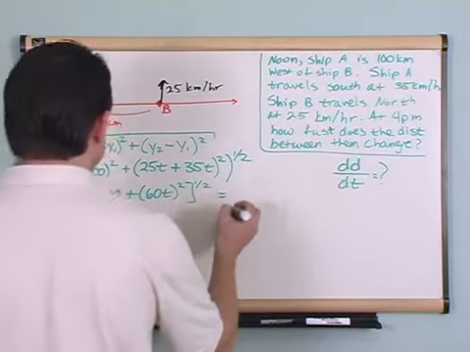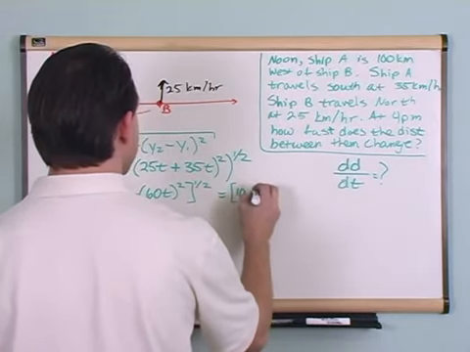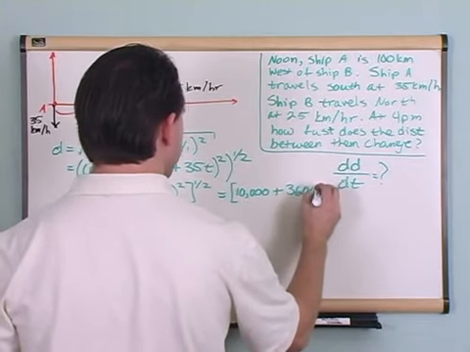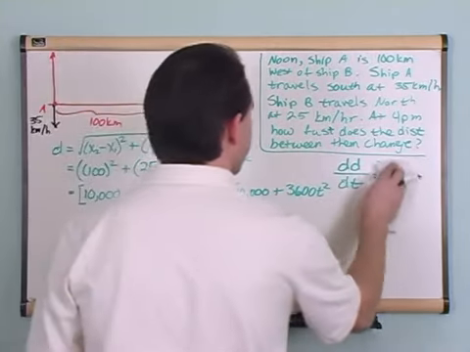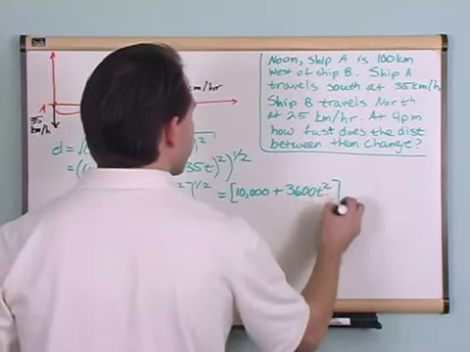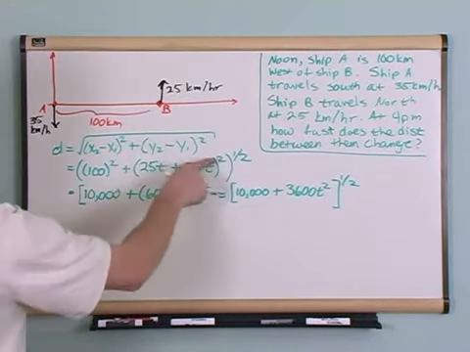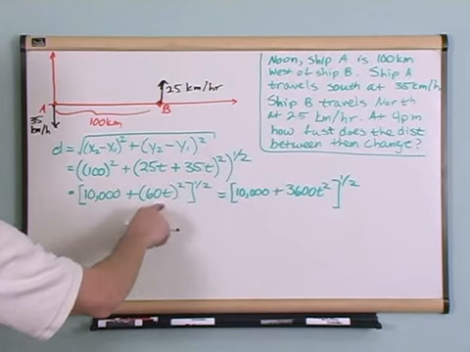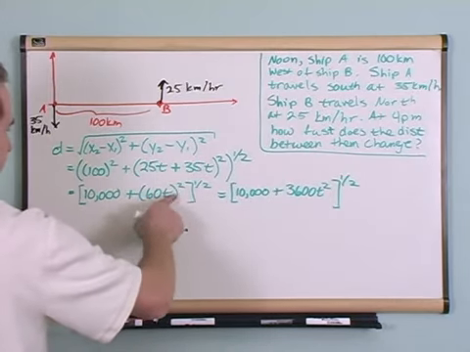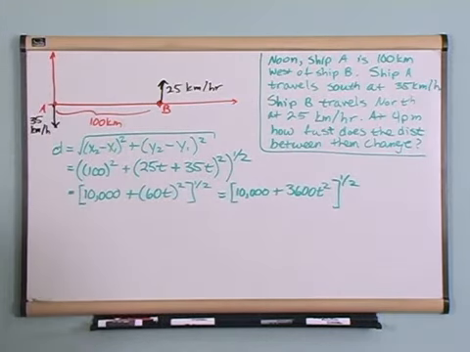Now I can simplify this further, and I can say I have 10,000 plus 3,600 t squared, and all this stuff is raised to the 1/2 power. Really all I did was I found the difference in y, I added these two things together, still have the square out there, and then in the next step all I did was actually square this. So 60 times 60, 3,600, t squared comes along for the ride. Again, we've got the square root.